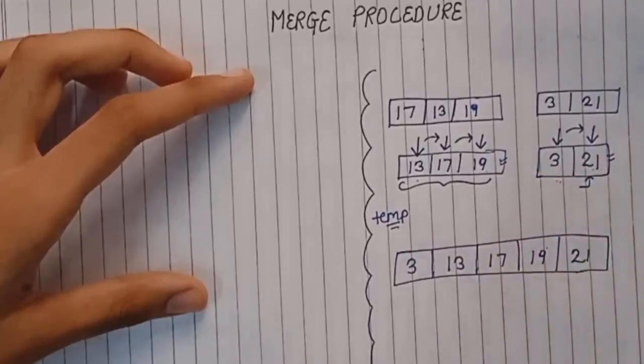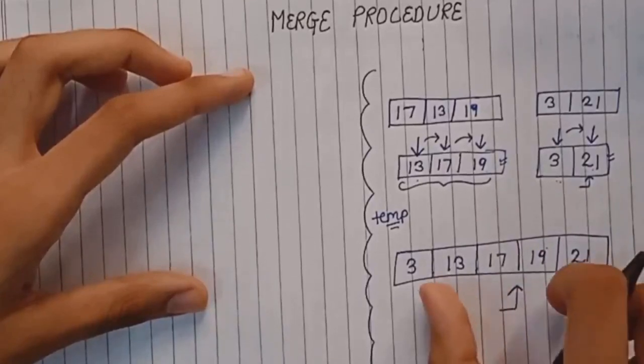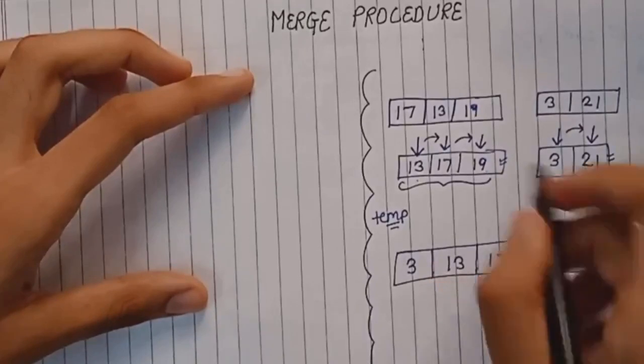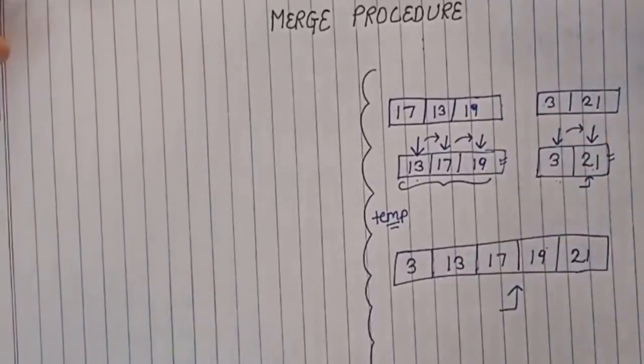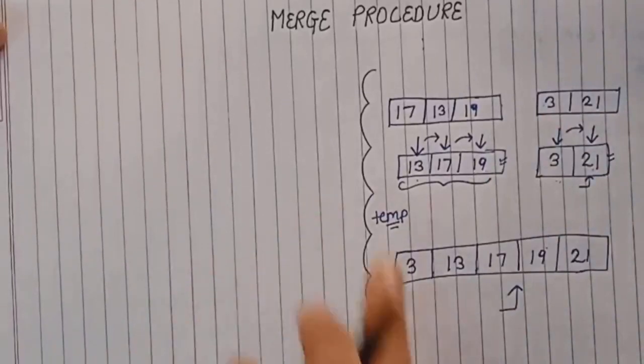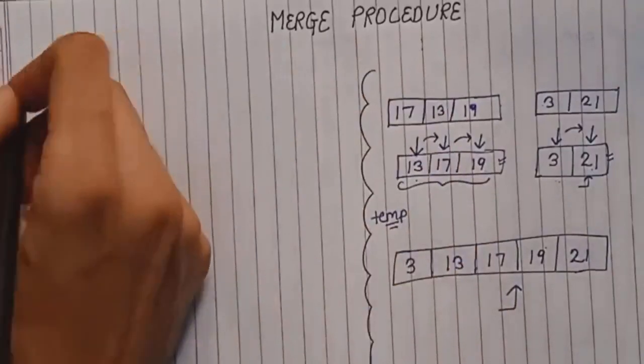And now you can note that here I have got the sorted array, the merged sorted array out of these two sorted arrays. So now let us see how the pseudocode for this merge procedure looks like.